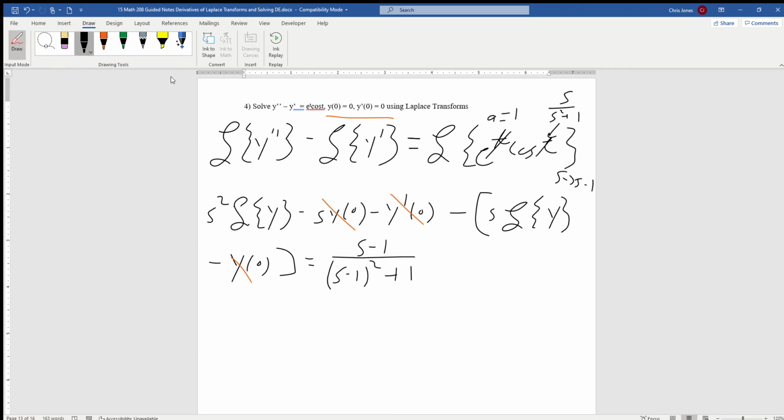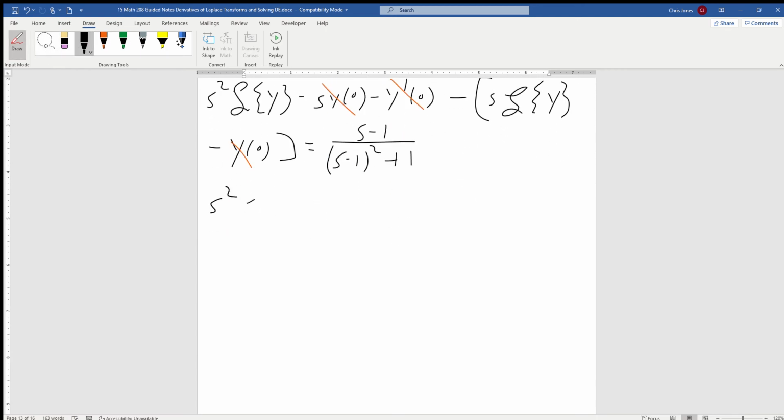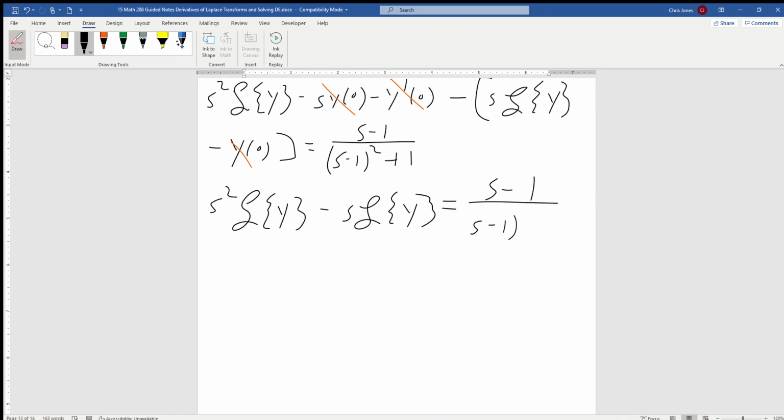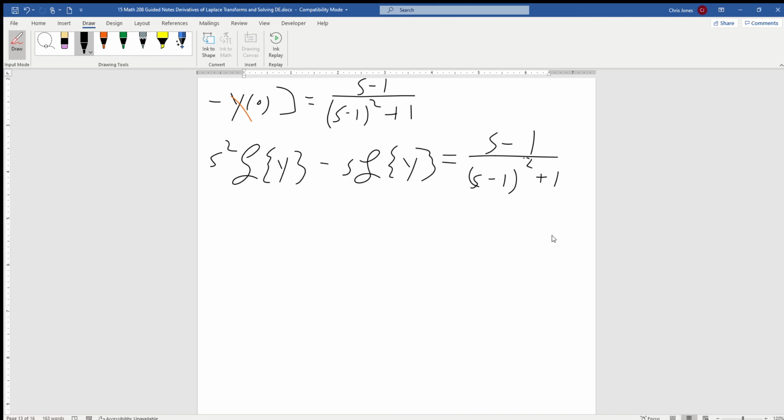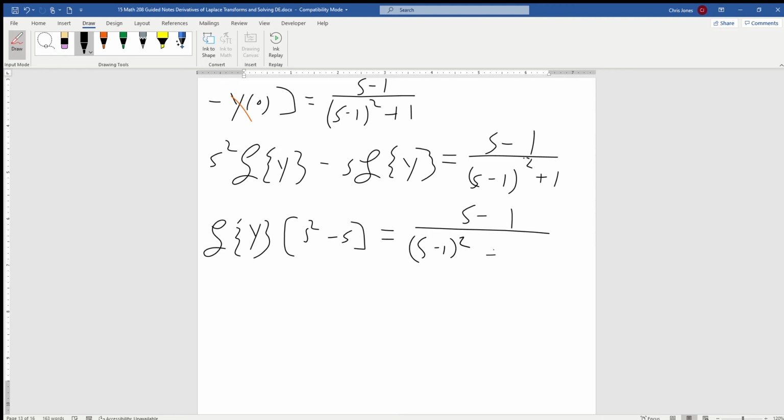And so what we end up with is s squared Laplace of y minus s Laplace of y equal to s minus 1 over s minus 1 squared plus 1. Then we can factor out the Laplace of y, and we will be left with s squared minus s equals s minus 1 over s minus 1 squared plus 1.